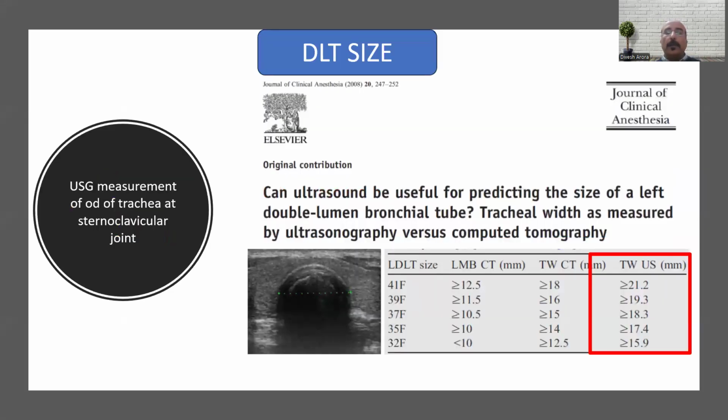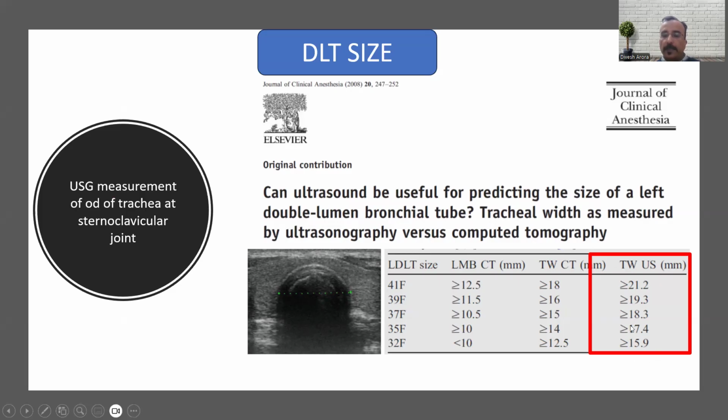What about double lumen tube size? Traditionally, we have been using formulas or various methods to identify the DLT size. As early as 2008, an article was published which showed that if you measure the tracheal diameter at the level of the sternoclavicular joint, it gives a good guidance as regards to size.